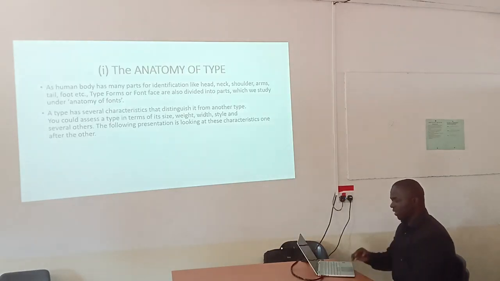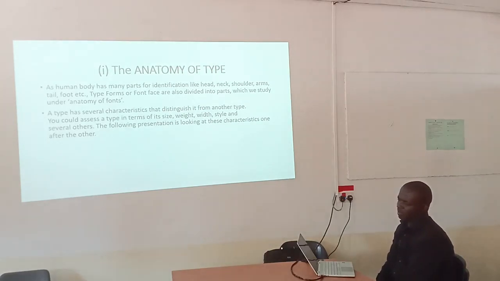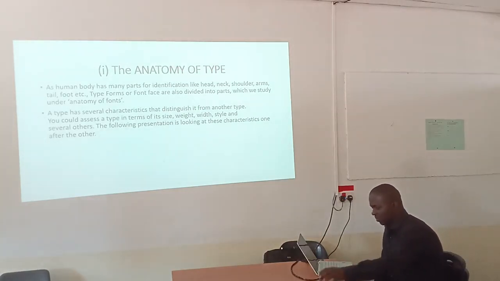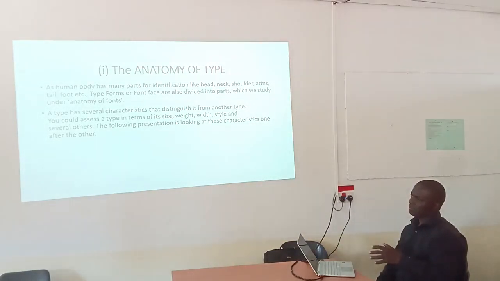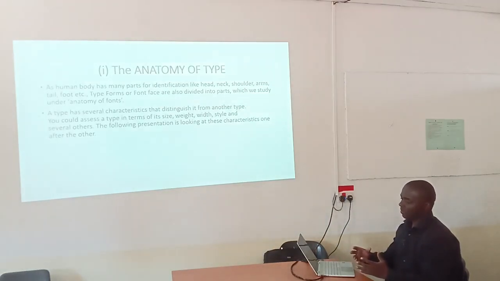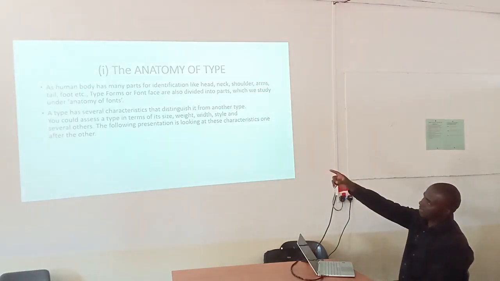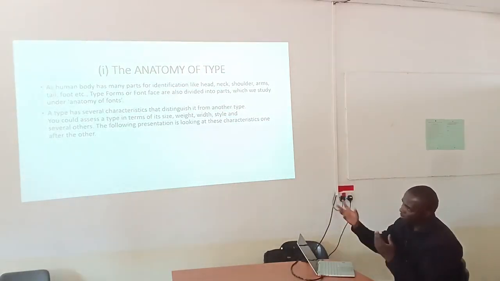And we started by briefly talking about what we mean when we say anatomy of type. It's a matter of trying to dissect what type is. And when I say type, we are talking about the characters, the A, B, C, D, E that we see on the computer.